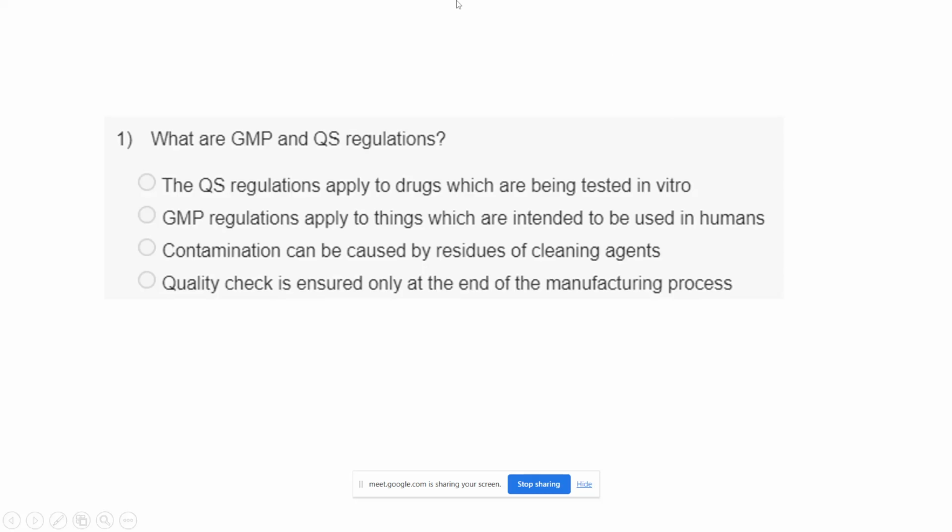Okay. So this was the first question. What are GMP and QS regulations? So out of all these options, the second option will be the correct answer. GMP regulations apply to things which are intended to be used in humans. Screen is not visible, ma'am. I have shared my screen.